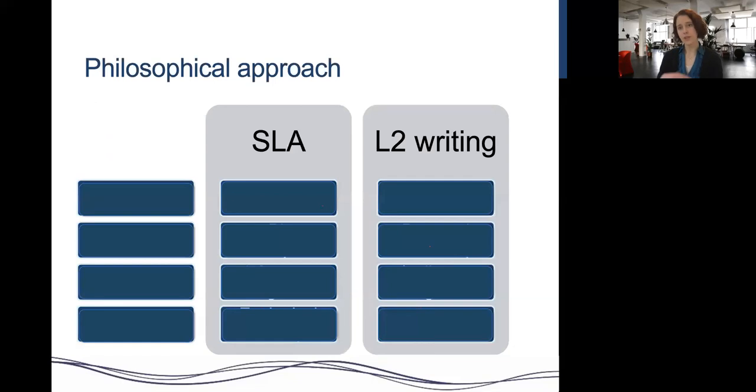So if we were to take the field of second language writing and try to organize the studies into two groups, we might find that they would tend to fall into the second language acquisition field of research and the L2 writing field of research.